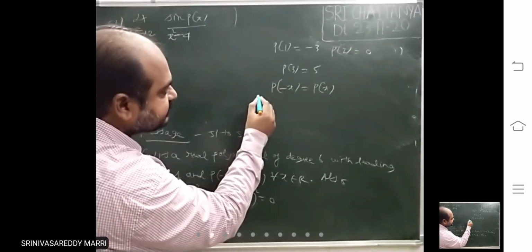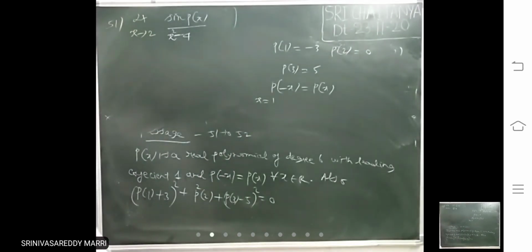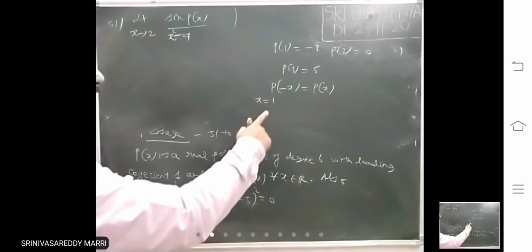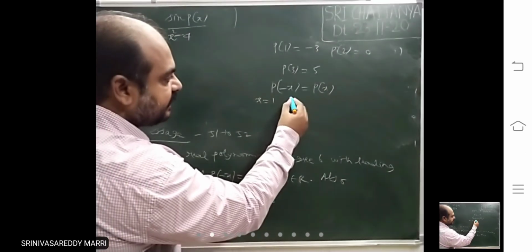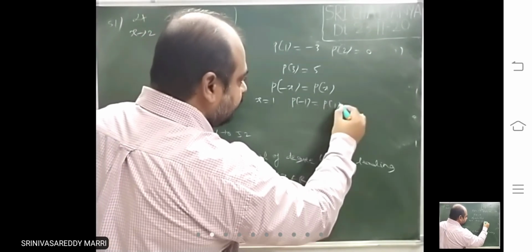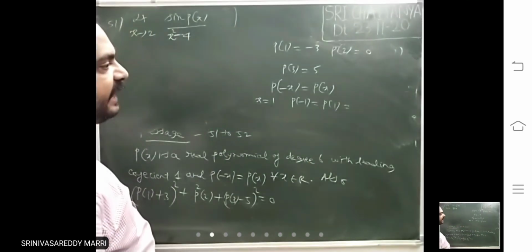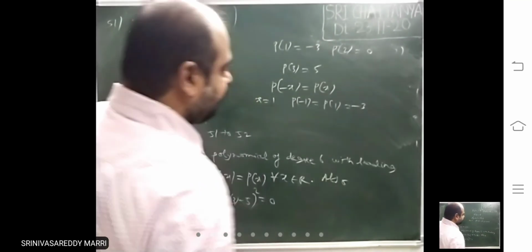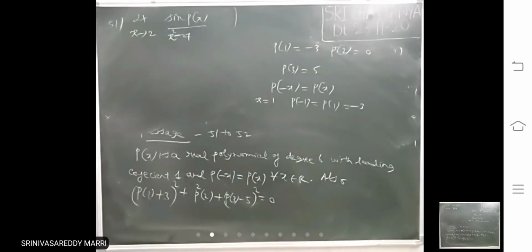If I substitute x equal to 1, I get P of minus 1 equal to P of 1. That means P of minus 1 is also minus 3.